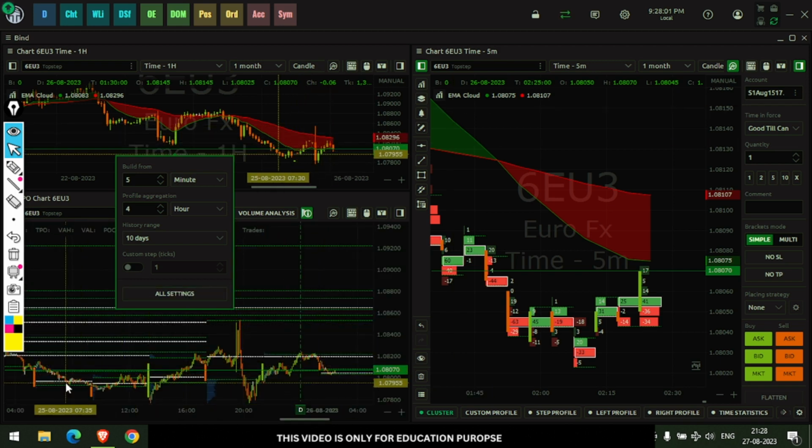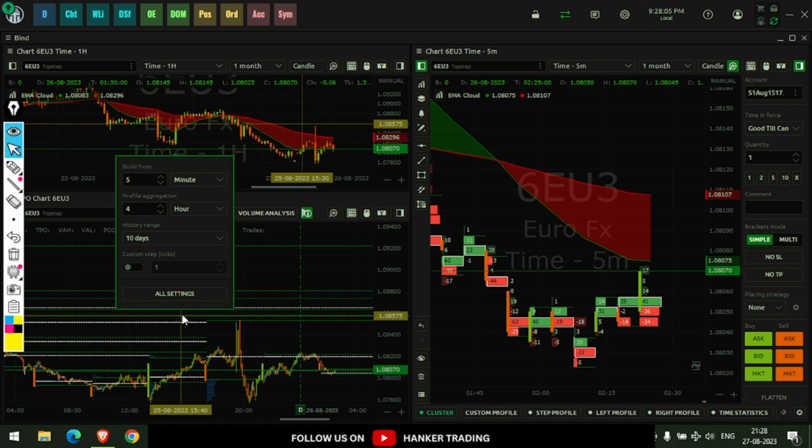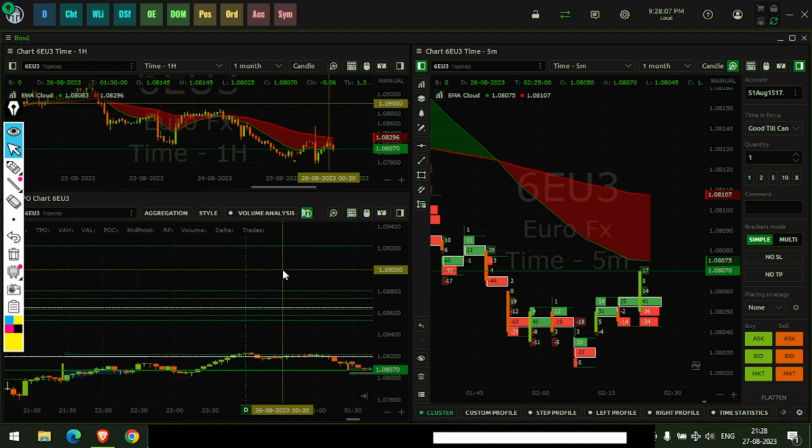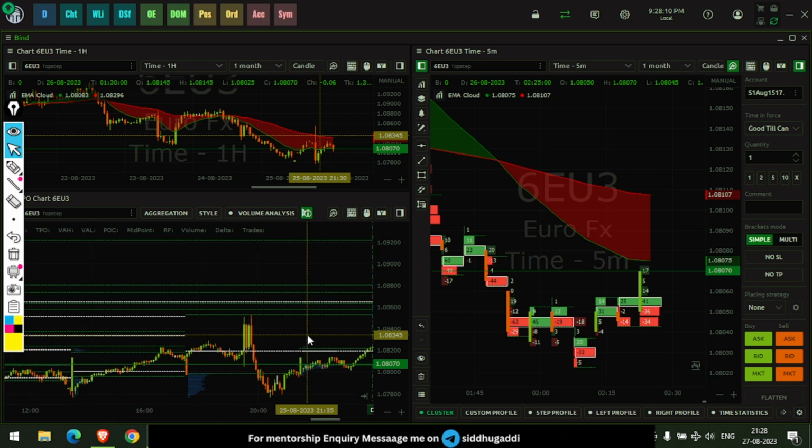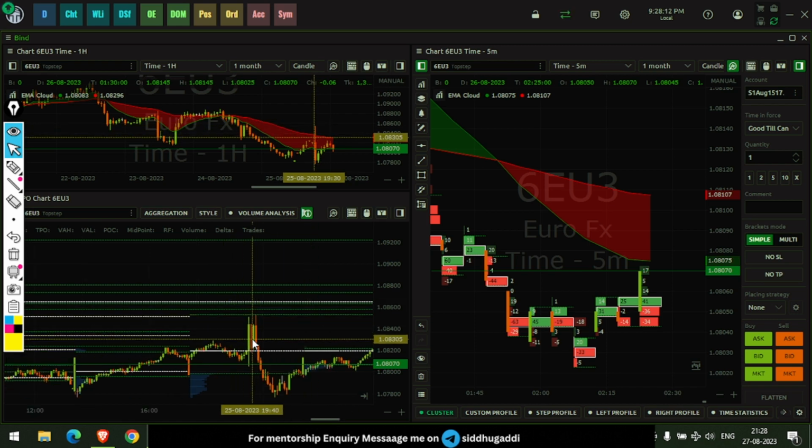So this is what the 4 hour TPO chart looks like, and these are the very important values plotted on the chart. See, this is the important number on the TPO chart, guys. And who knows exactly what this is? Some SMC people call this the liquidation zone, and even in ICT they have mentioned it.